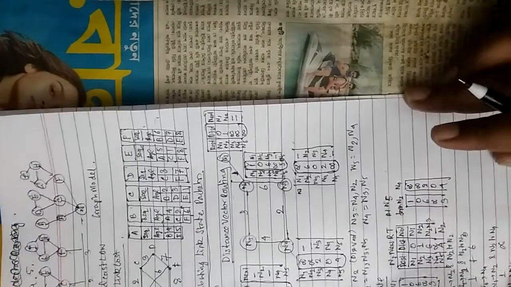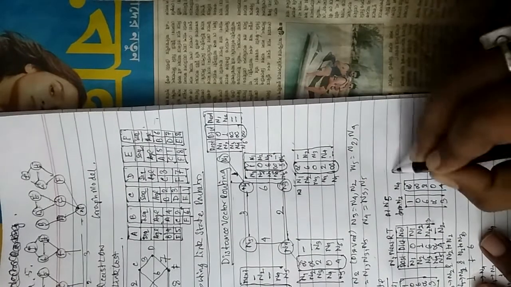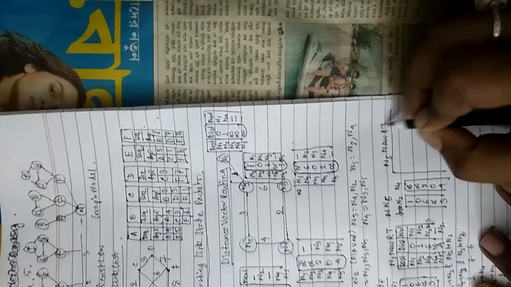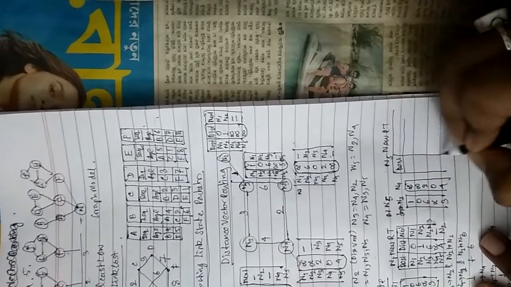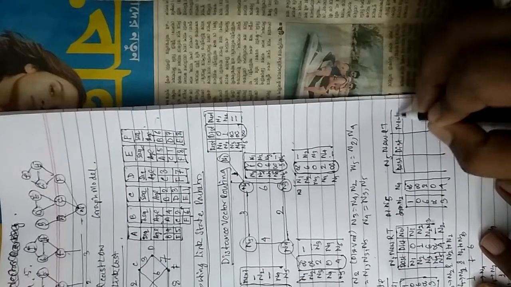Now I want to create the new n5 routing table. Again, this is the destination, this is the corresponding new distance, and the next hop.